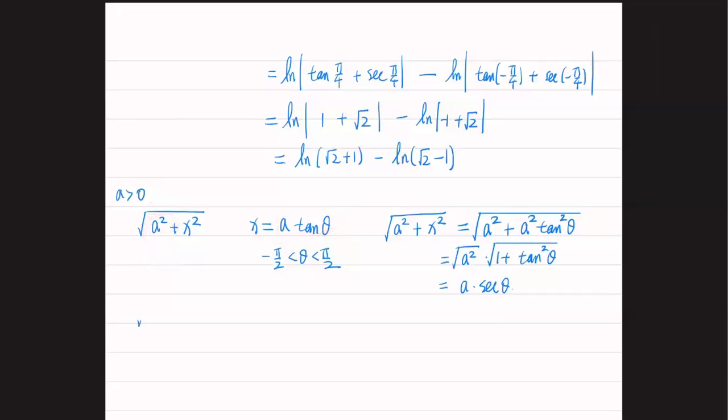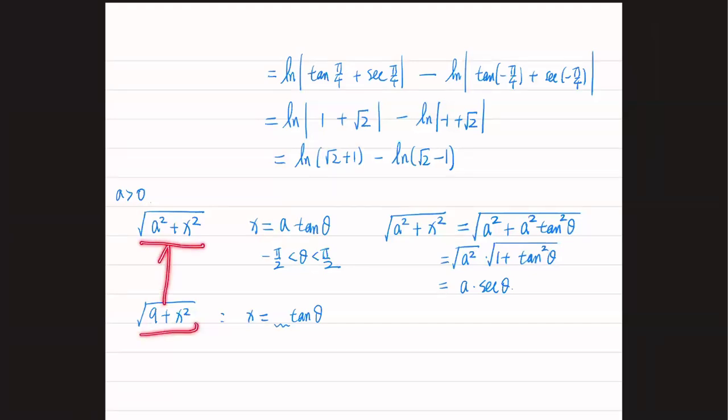Let's try 9 plus x squared. What is our substitution, Sakina? Okay, tangent will be there. Something else? Okay, so here let's compare with the formula, a squared plus x squared, and we have 9.